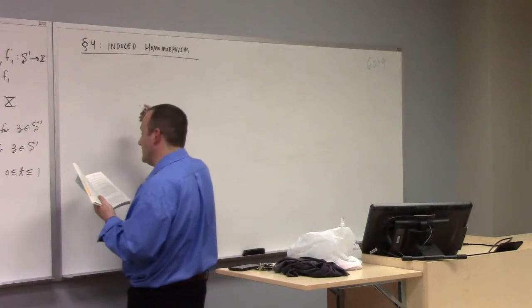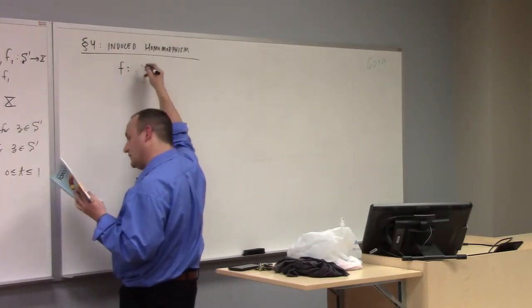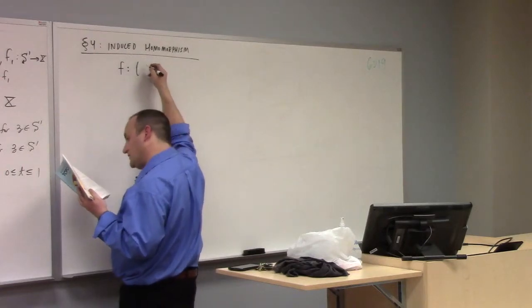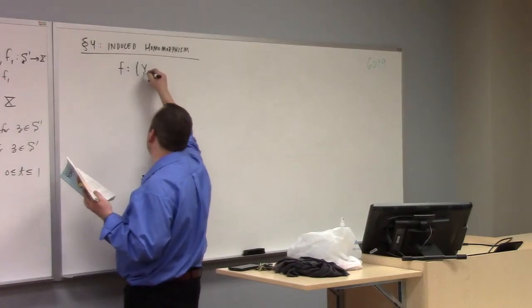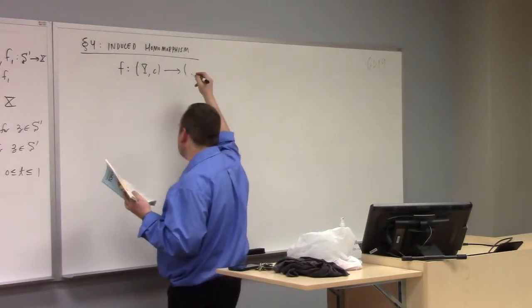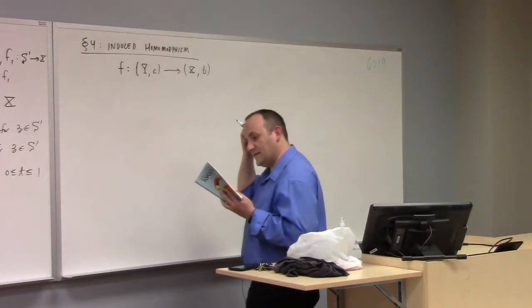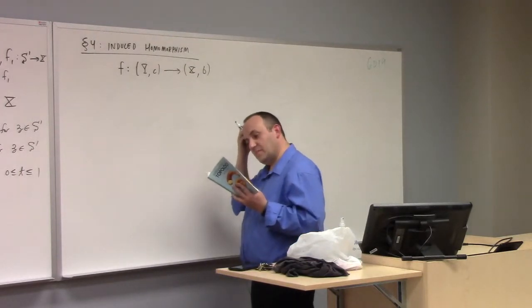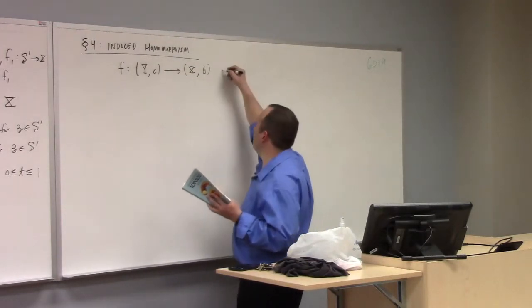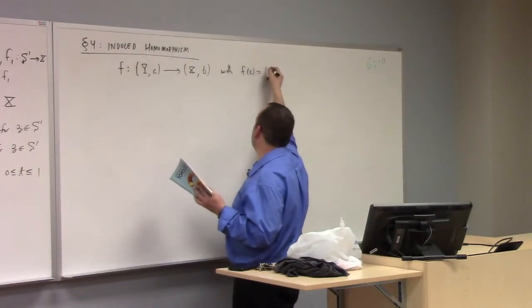So suppose we have a continuous map f from a pointed space Y to a pointed space X, with, you guessed it, f of c equal to b.